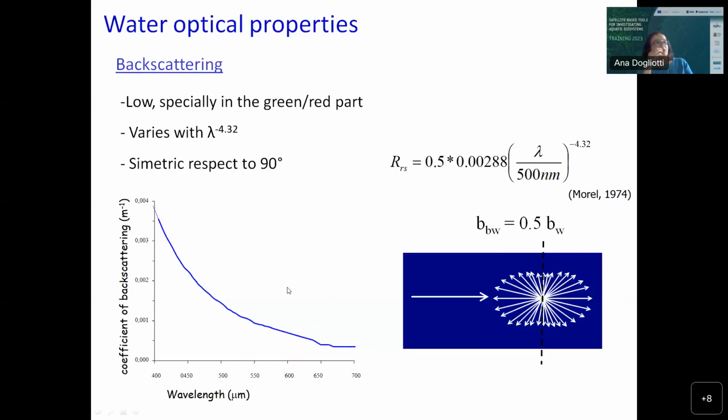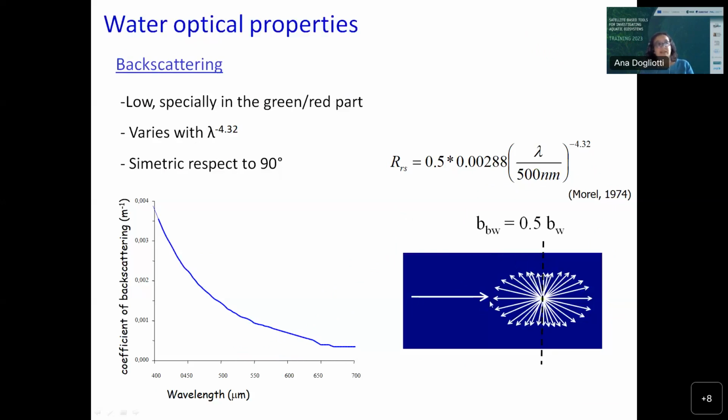Backscattering of the water itself, only water. It's really low, especially in the green and red part of the spectrum. It varies with lambda to the power of around -4. The other particular thing is that it's symmetric with respect to 90 degrees.